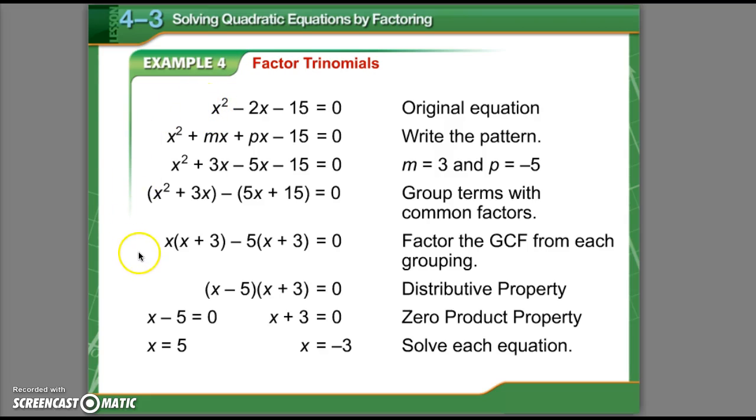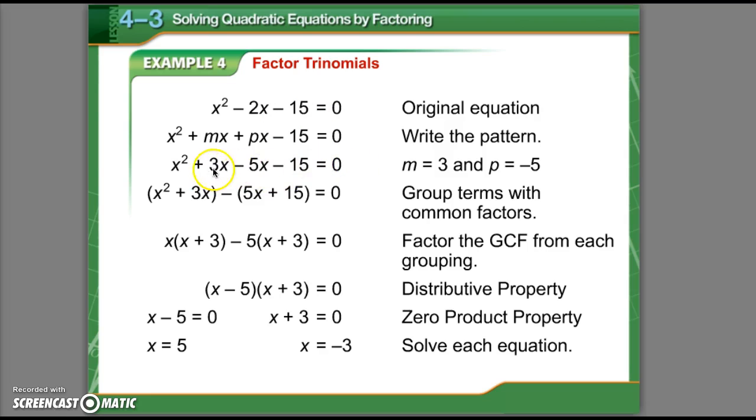Basically, they took the b value of negative 2 and split it up into the two factors we found, which were 3x and negative 5x. If you look at the first line and the third line, 3x minus 5x is just negative 2x. So they're just rewriting the first line, but they're not actually changing the equation at all.